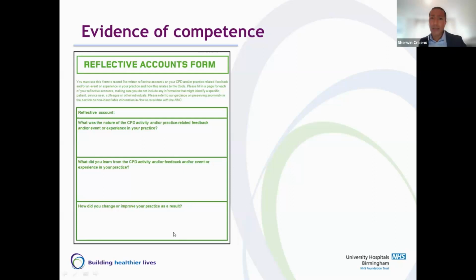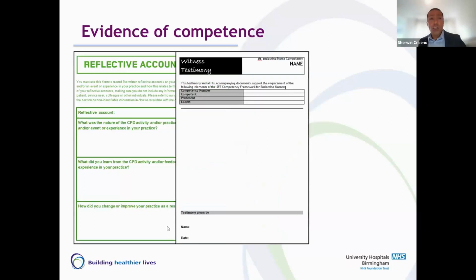You can also include how it changed you as a practitioner. Did it make you more informed or more skillful in explaining the test to the patient, or counseling the patients? This is evidence that you can use in your portfolio to prove that you are meeting the level of competency required for this particular competence, which is Cushing's.